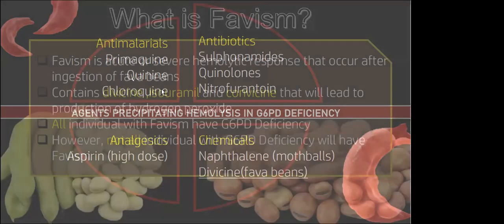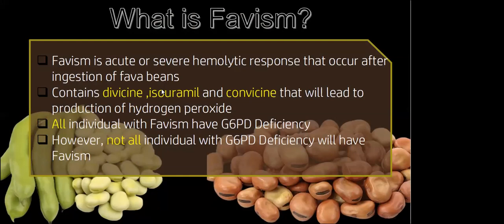I would like to touch on favism. When we talk about G6PD deficiency, it is usually related to fava beans; in Malay, we call it kacang parang. So what is favism? Favism is an acute or severe hemolytic response that occurs after ingestion of fava beans.